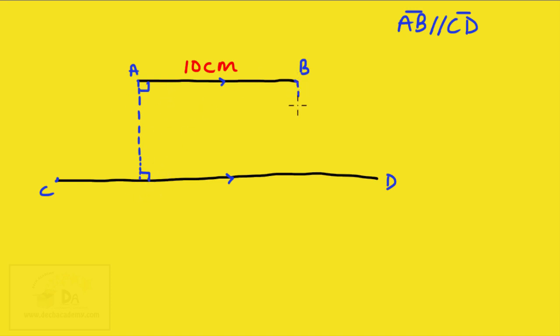If I draw a line perpendicular to AB from any point, so I'm just drawing a line perpendicular to AB from the point B, it's also going to be perpendicular to line CD because the line AB and CD are parallel. So essentially what you have here is a rectangle, but the key thing here is that AB is a line with length 10 centimeters. The line EF is also going to have a length of 10 centimeters.